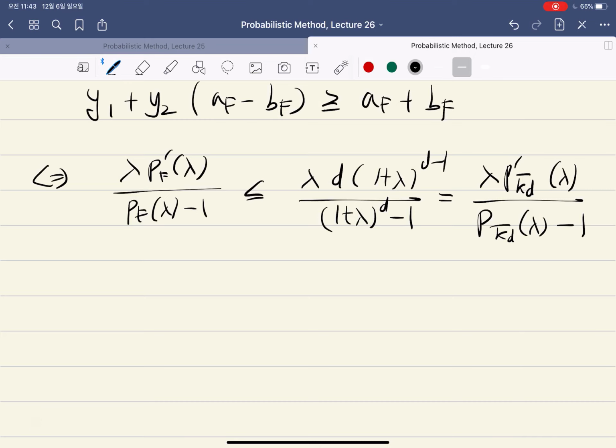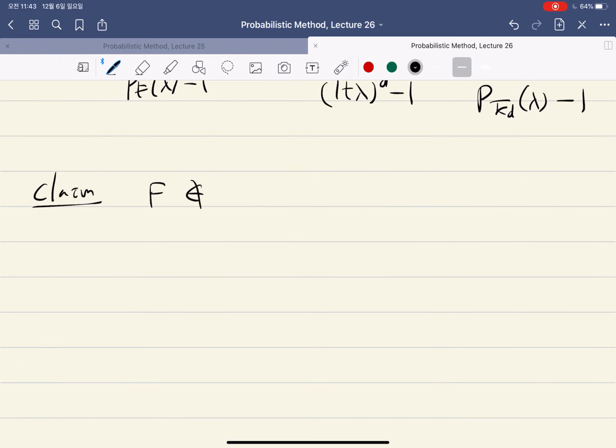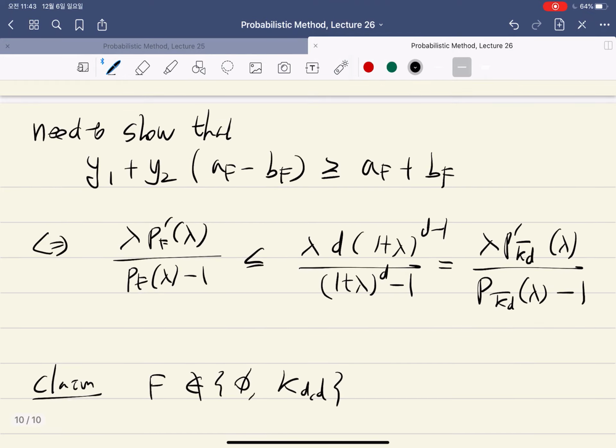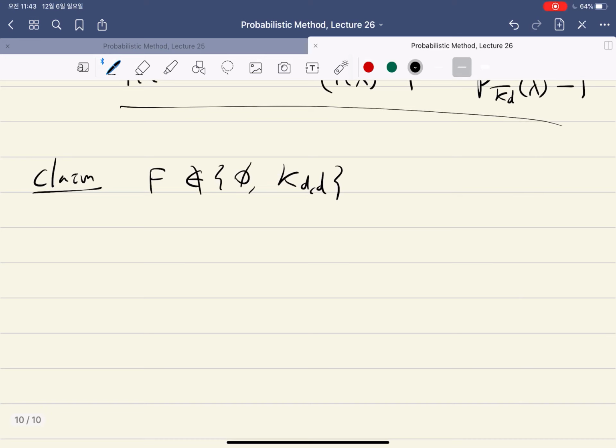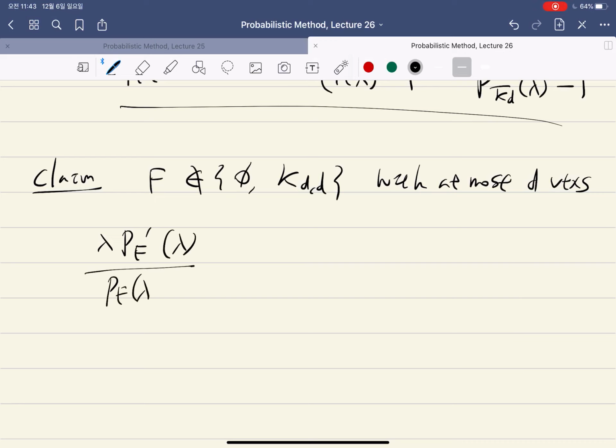So now what we want to show is that for graph f, if f is one of these two, then this inequality is trivial. Let's say f is a graph with at most d vertices, then we want to show that this holds.